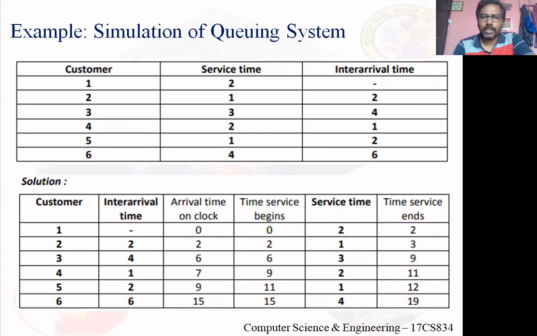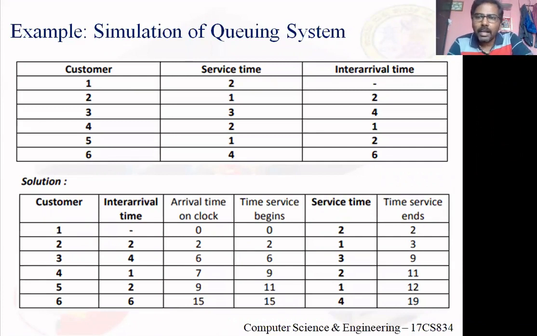I assume that simulation starts at time 0. Simulation always starts at time 0. This is my assumption. So as soon as simulation starts, the first customer will arrive. At what time does the first customer arrive?